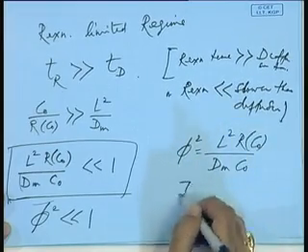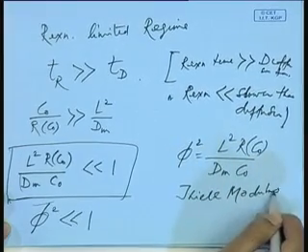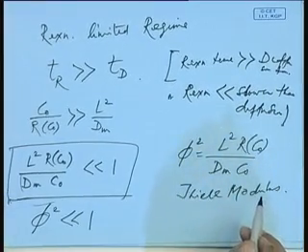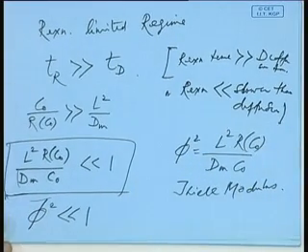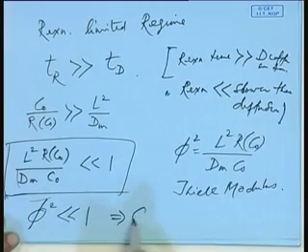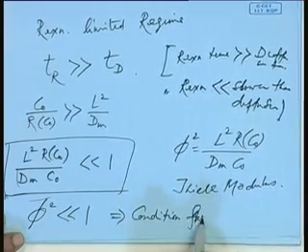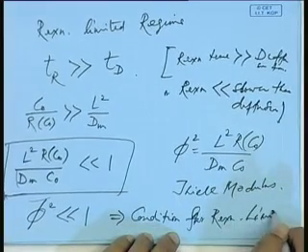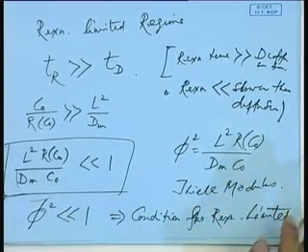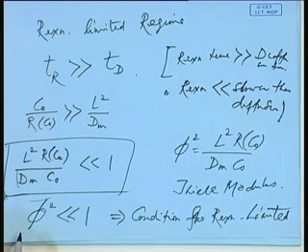Okay. This is the Thiele modulus, named after the very famous reaction engineer, chemical engineer, so to say, Thiele. Okay. So, this is my condition for reaction limitation. So, later on in this chapter when we talk about the reaction limited regime, what we need to measure is phi square, the Thiele modulus.